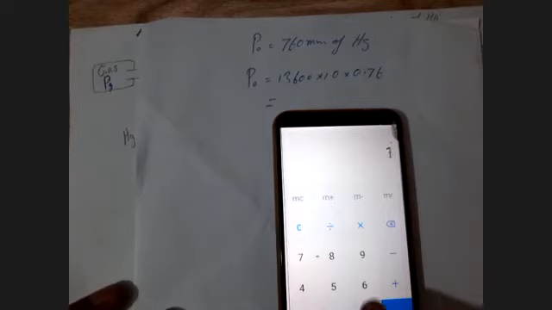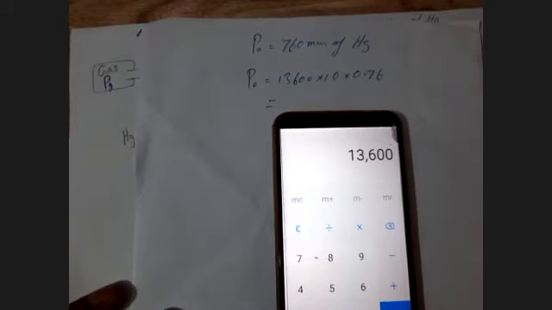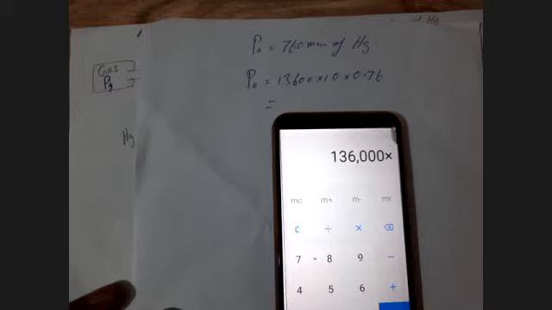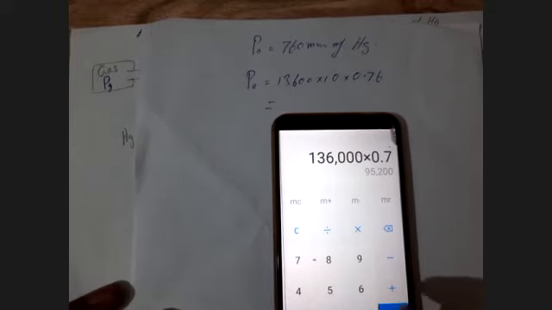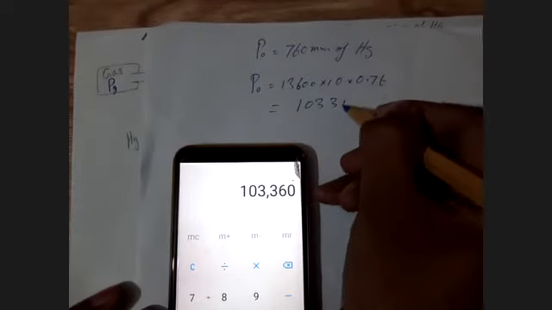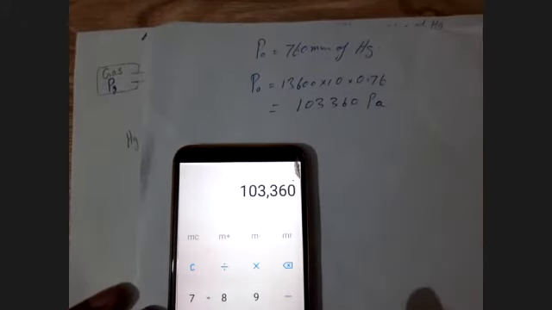So here you can see 13600 multiplied by 10 and multiplied by 0.76. This will be the atmospheric pressure, 103360 Pascal. If you are using the formula like this, now look at this.